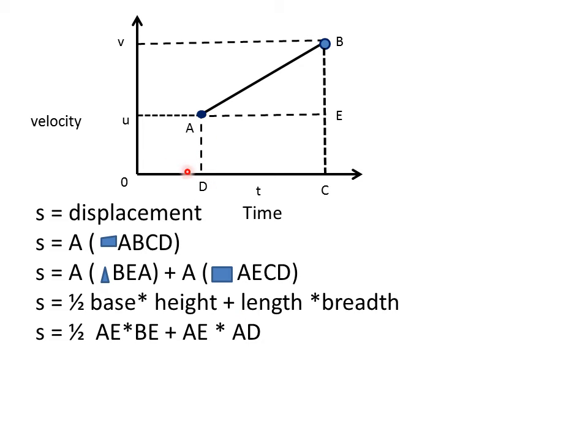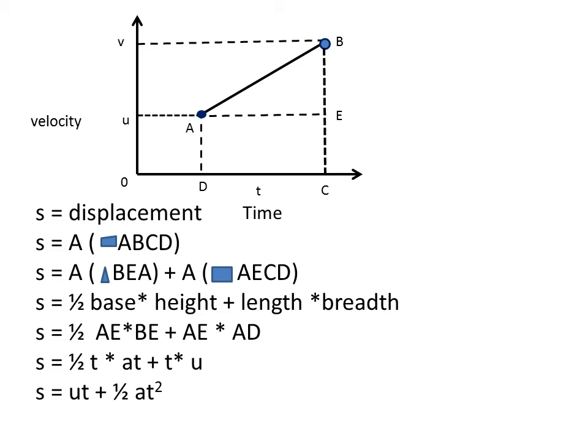AD is equivalent to u. So for AD, you can write down u. Let us substitute these values. So after substituting these values, and if you rearrange these terms, you will get s is equal to ut plus half at square, and that is second kinematic equation.